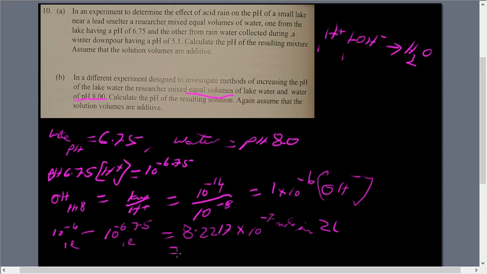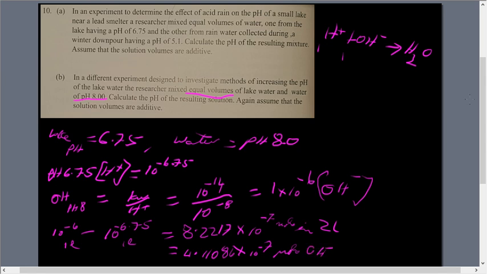But that is no good in 2 litres. Molarity is per litre, which will give us a value of 4.11086 times 10 to the minus 7 moles OH minus.